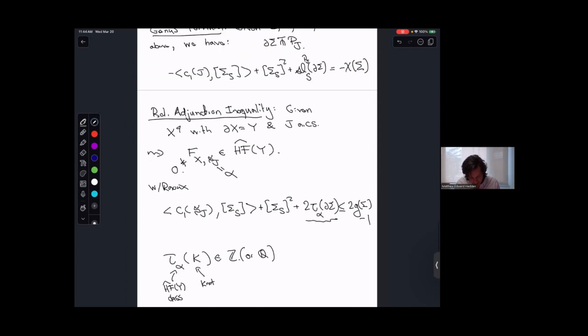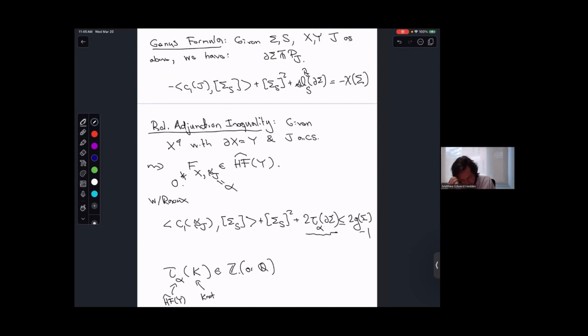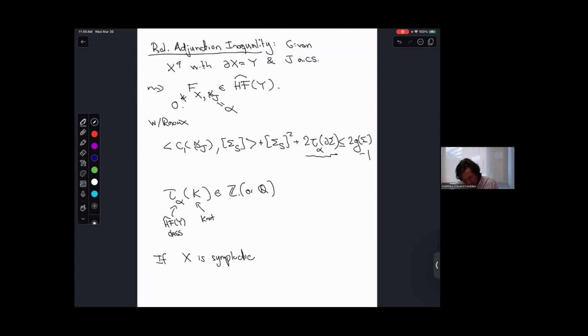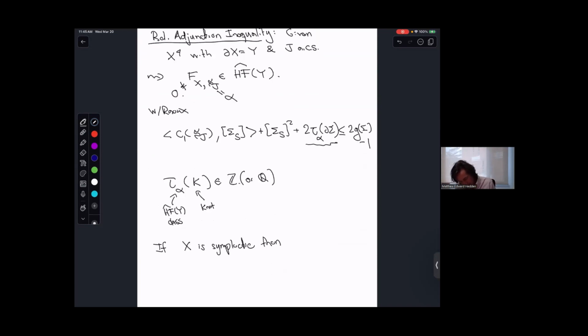So if we look back up here, notice that if X is symplectic, then S_J and S_J bar, the complex conjugate spin C structure, both have non-trivial invariants.